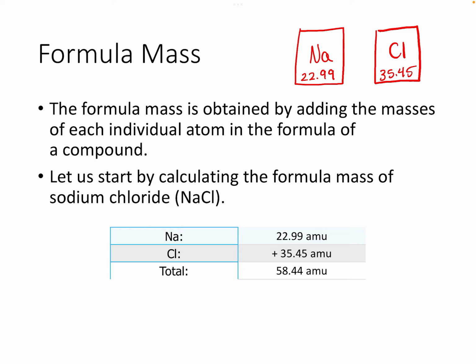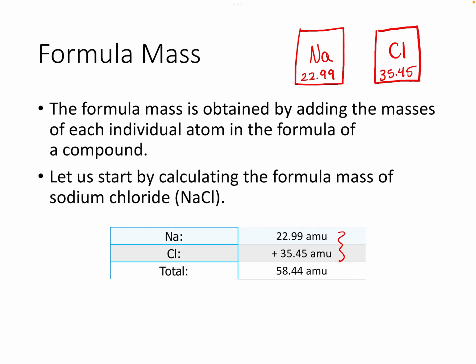In this case, I'm using a version that has 4 sig figs, but again, all we have to do is just add these two masses together. So if we plug that into our calculator, we should get an overall mass of 58.44 atomic mass units.